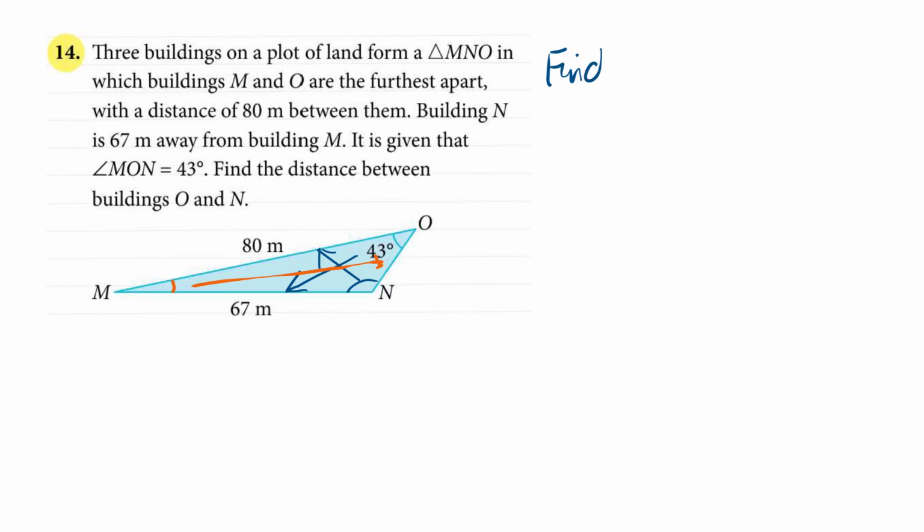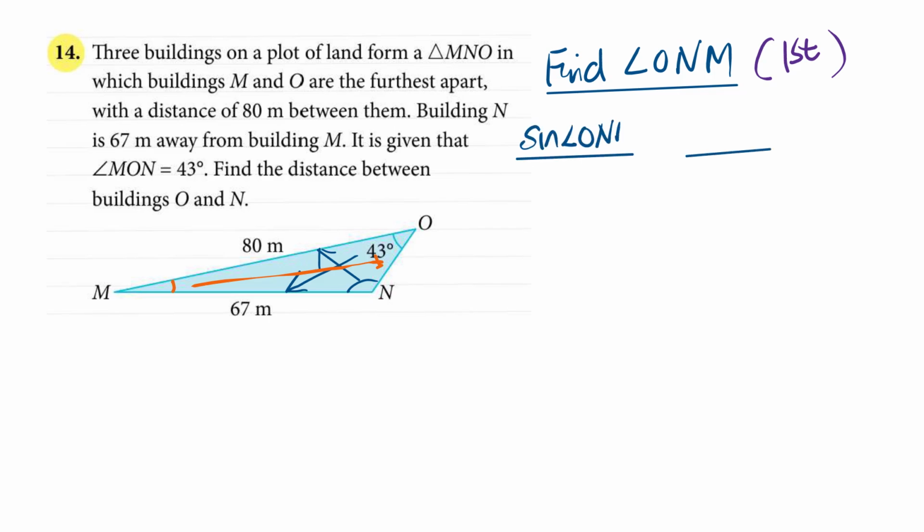For the first part of the question, we're going to find angle ONM first, using the sine rule. The side opposite angle N is MO, so sine angle ONM over 80 equals sine 43 over 67.